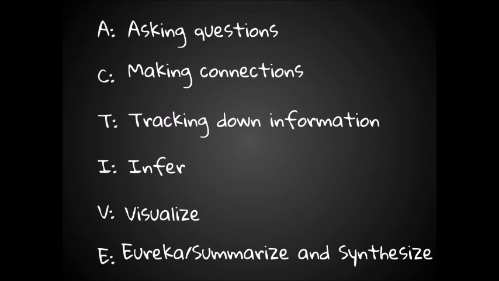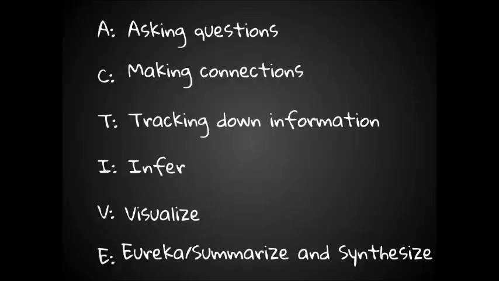As readers, we should be actively thinking about what might be important information that will lead us to the answers. Just like dogs are using their nose, we are using our brain and our schema. The fourth letter of the word active is the I, and it stands for infer.